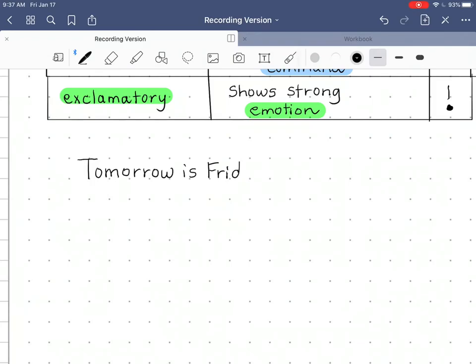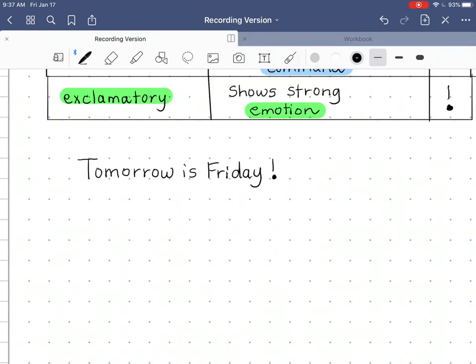Okay, so we have to stop here and think about this end mark. I need to stop this sentence. It's not a question, so it can't be a question mark. For me, I work Monday through Friday, so Friday is great. That is a day that I am looking forward to. So I would probably say, "Yay, yay, tomorrow is Friday!"